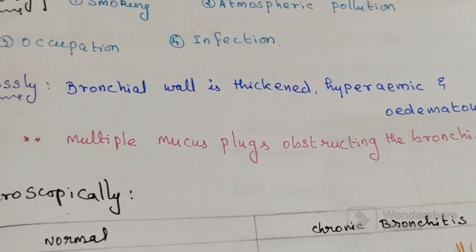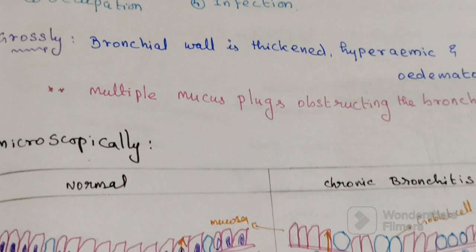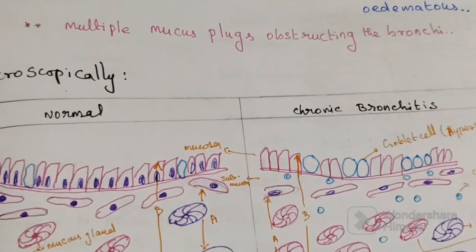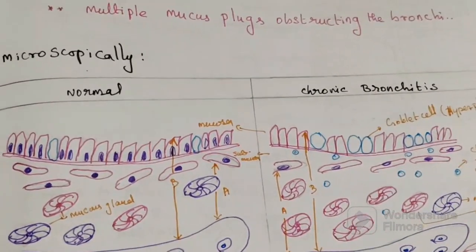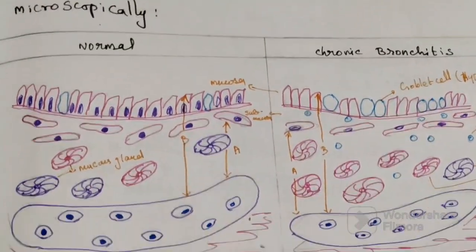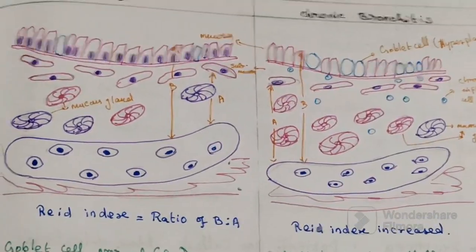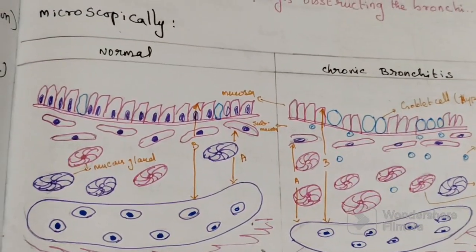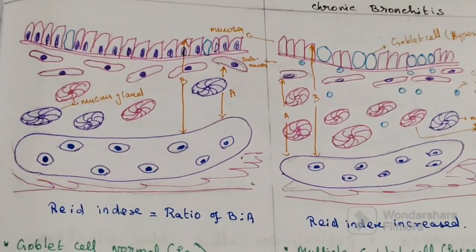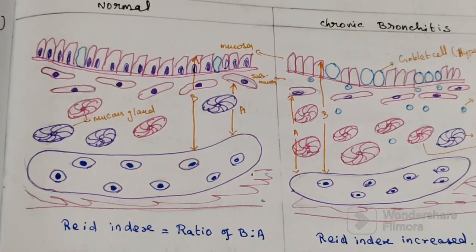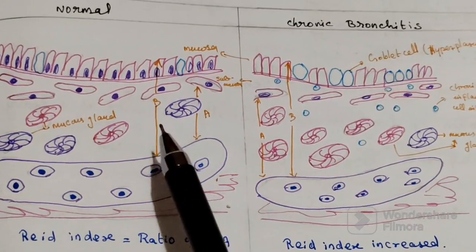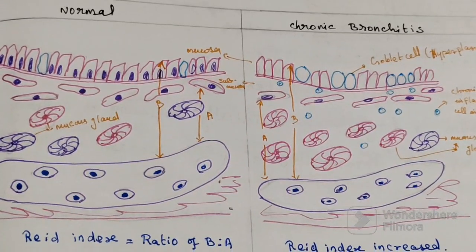Microscopy. This is the difference between normal and chronic bronchitis. Microscopically, in the normal, compare the layers, the submucosa and mucosa.